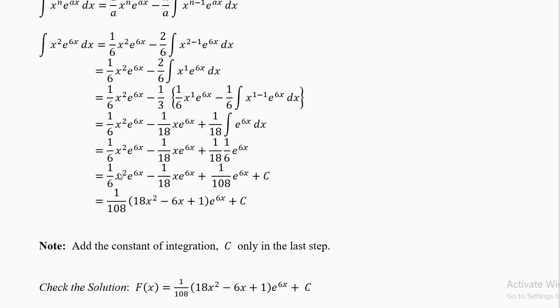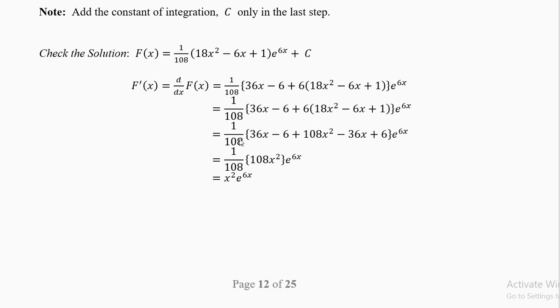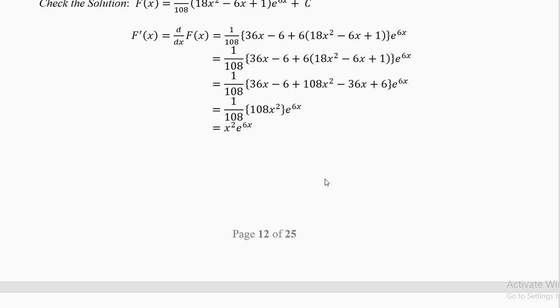Then you'll multiply with 18 here and 6 here and 1 here and put it in a bracket. You'll get 18x square minus 6x plus 1 e power 6x. And this is your last step. You put plus c as the constant of integration. You can again differentiate and check. We'll not go into differentiation details in this video. We have seen it before in other chapters in other classes.